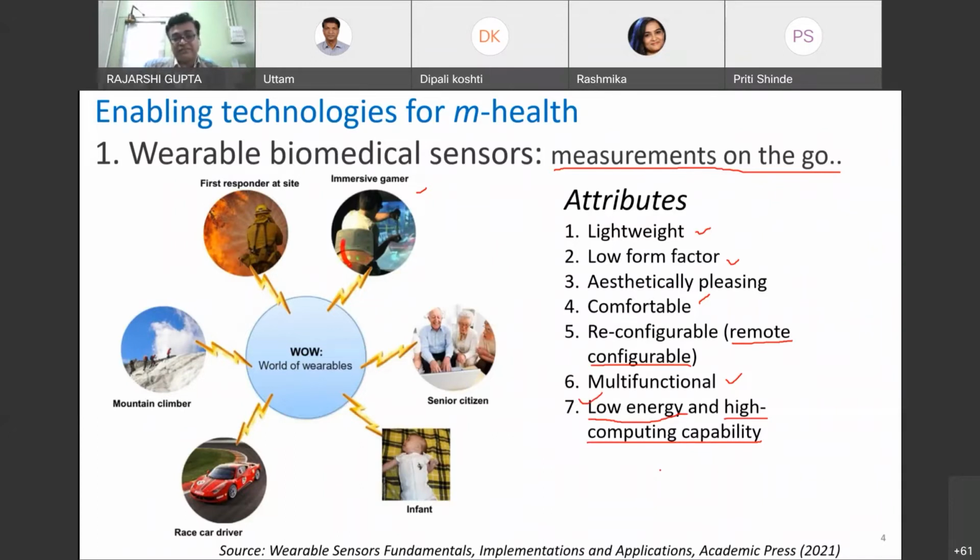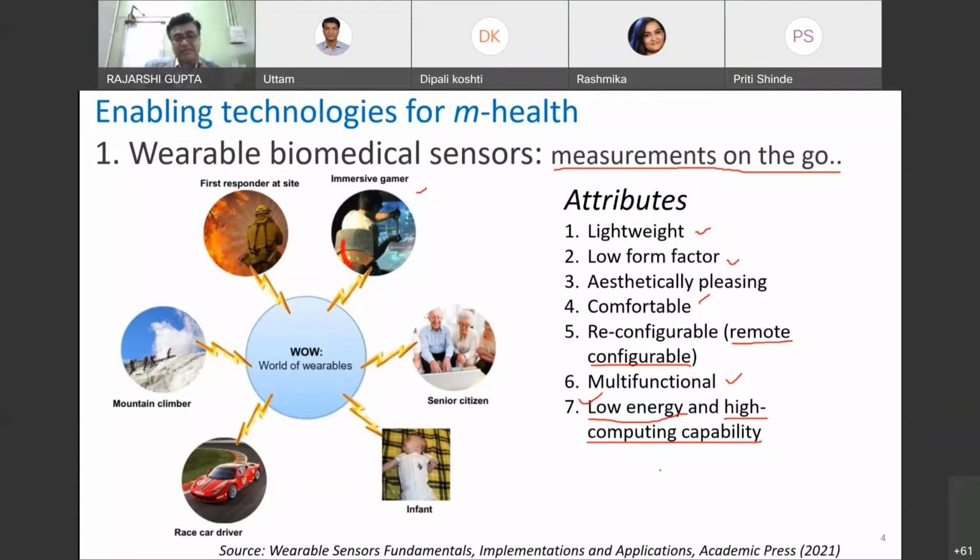So there are different strategies which are adopted. For example, duty cycle modulation is a technique by which the energy consumption can be substantially reduced. And high computing capability means we talk about on-device measurements.